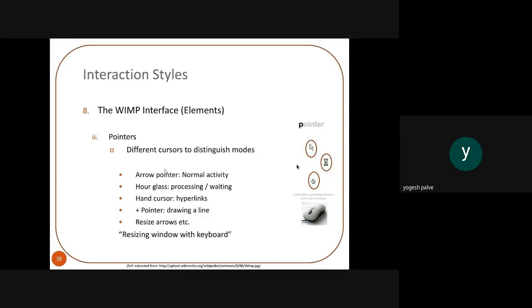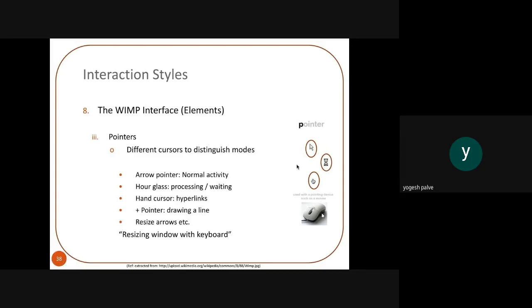Then the hourglass, which you can provide in your application for processing, waiting or some time delay. Then there is the hand cursor, which shows the user that something is a hyperlink. Then the plus pointer is used, which shows dragging a line or dragging something, and the user will easily understand that.